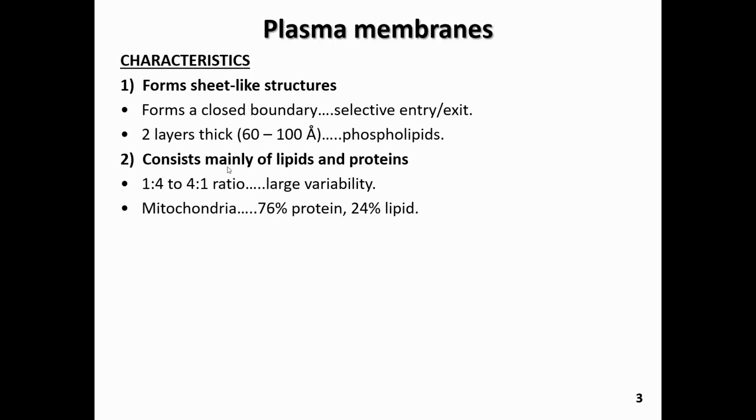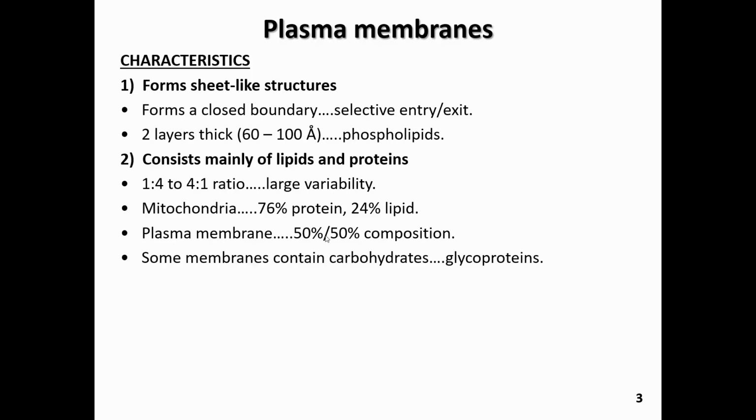For example, in the important energy-generating organelle called the mitochondria, the membrane is estimated to be made up of 3/4 protein and about 1/4 lipid. The plasma membrane of many cells are best estimated to have about a 50-50% composition, but once again, that's just a very general statistic because each cell will have varying composition values.